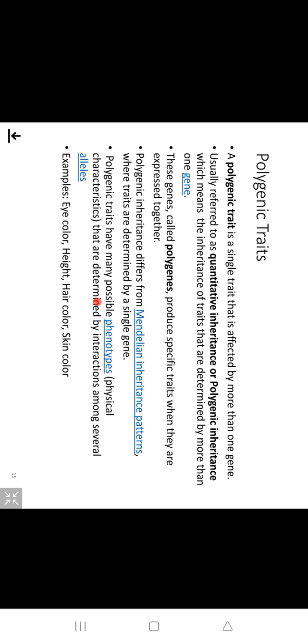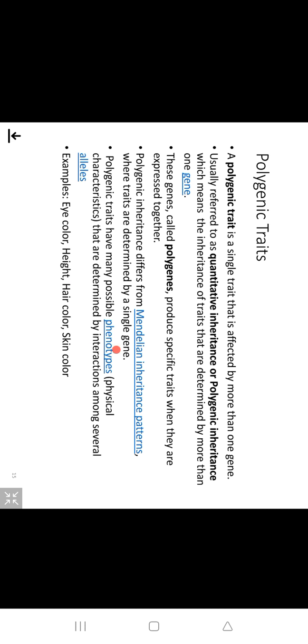So polygenic traits have many possible phenotypes that are determined by interaction among several genes. Like in eye color, you may find that we have very many genes which determine the eye colors of individuals. Because we have very many interactions, the physical characteristics vary: brown eyes, gray eyes, all that kind of thing, because of the interaction of these genes.